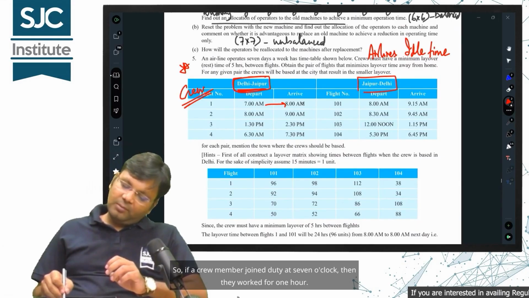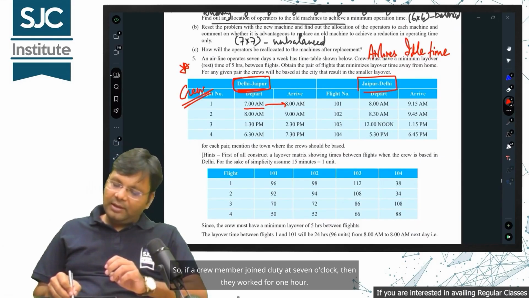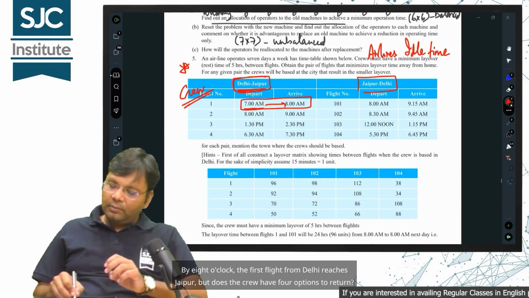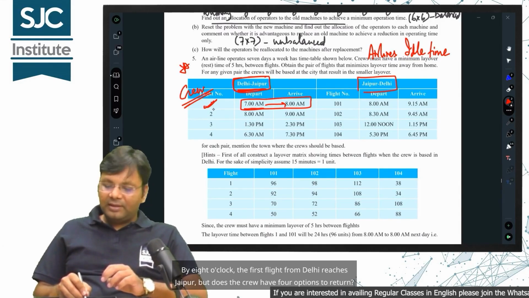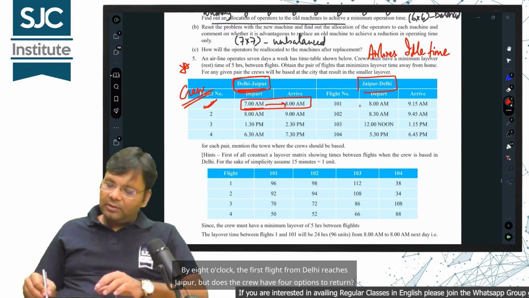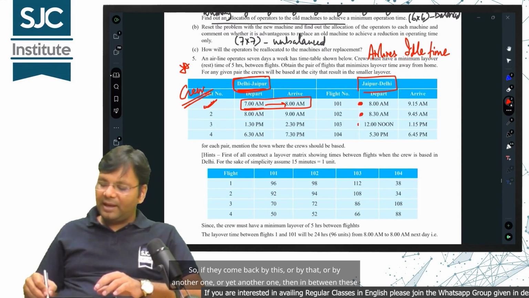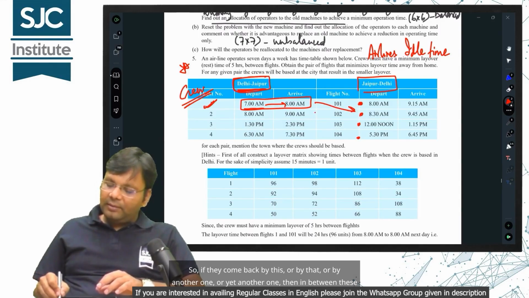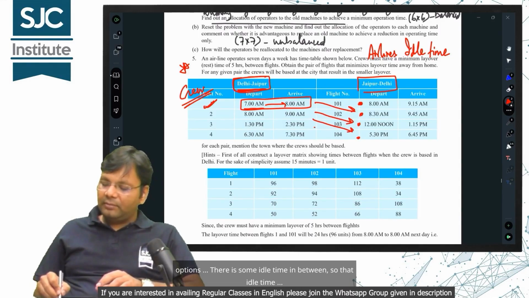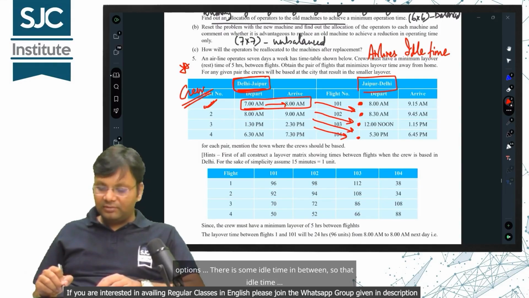So, if a crew member joined duty at 7 o'clock, then they worked for 1 hour. By 8 o'clock, the first flight from Delhi reaches Jaipur. But does the crew have 4 options to return? So, if they come back by this, or by that, or by another one, or yet another one, then in between these options, there is some idle time.